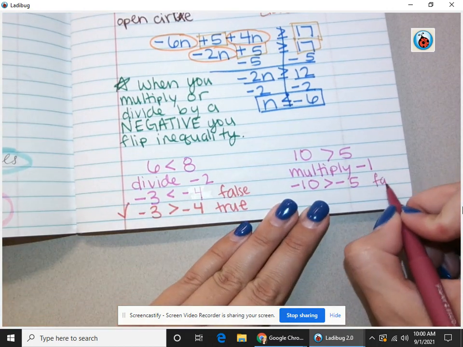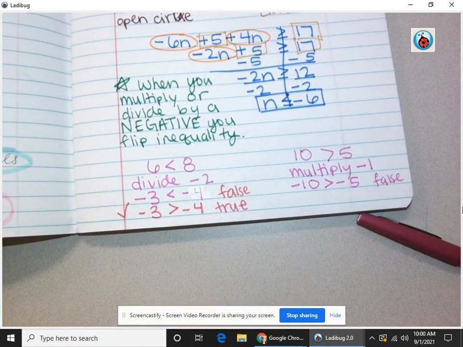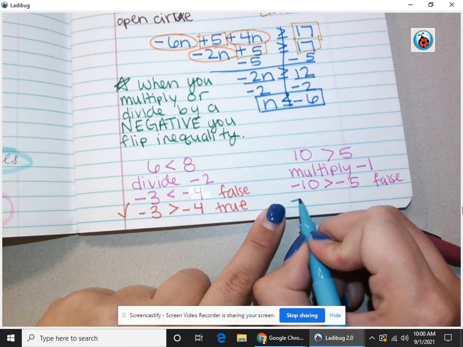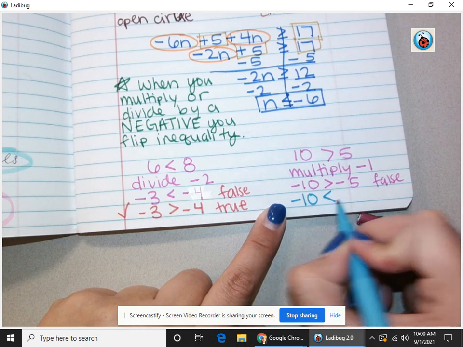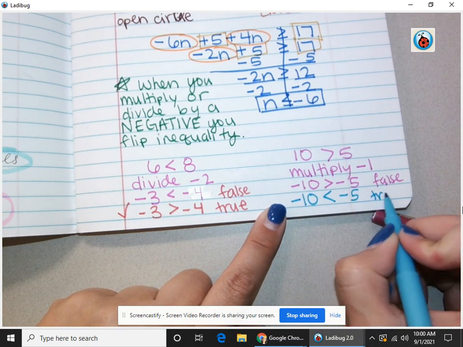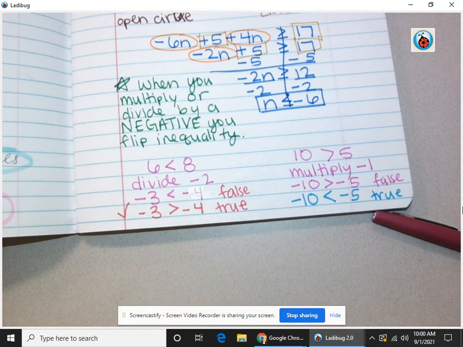And that's false. If I flip my inequality sign, it would make my statement true. Okay? Are there any questions over that? Comments, concerns?